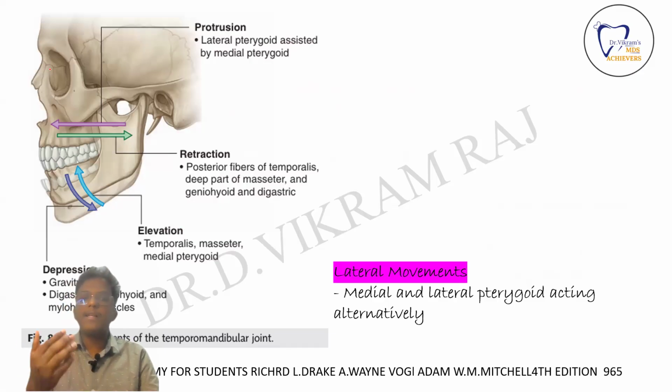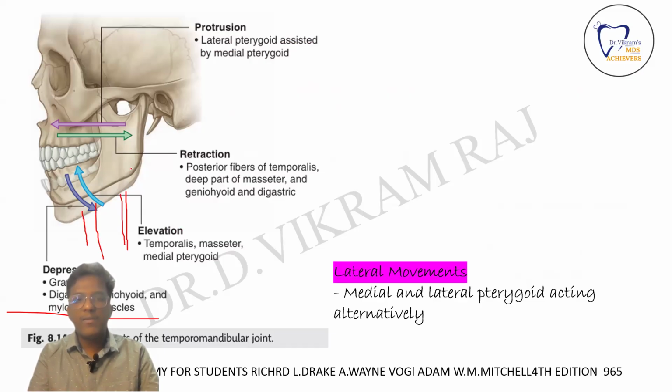You have to remember that in the same direction where the muscles are present, the movement will occur. Here you can see gravity is present downward, and the suprahyoid and infrahyoid muscles are present on the downside, right? So they cause the mandible to move downward, resulting in the opening of the mouth.